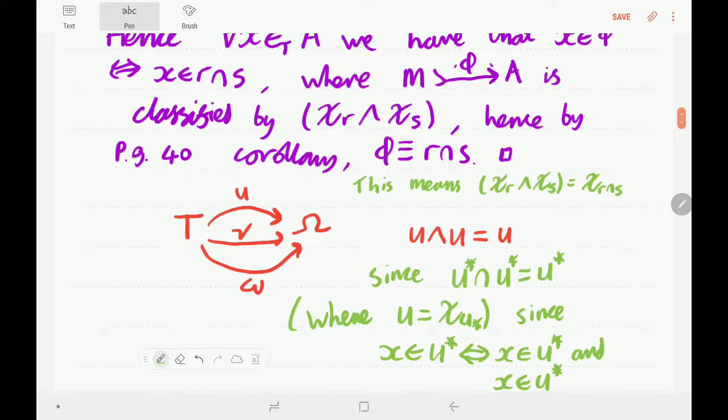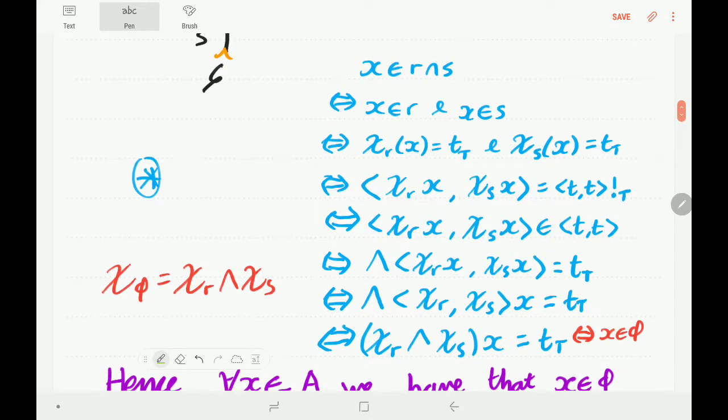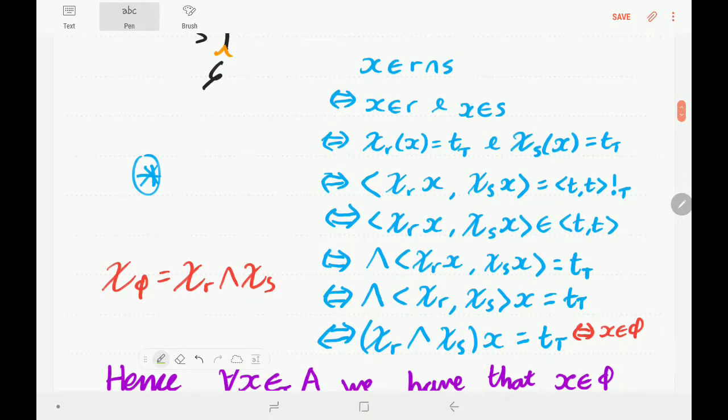So there we go. That basically means that and is like intersection in a very precise sense.